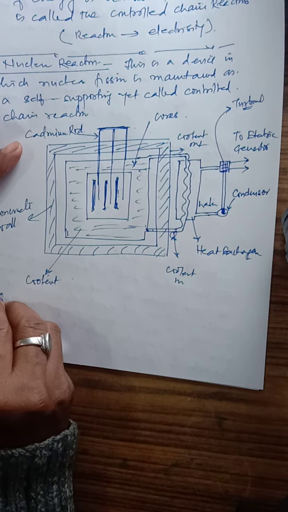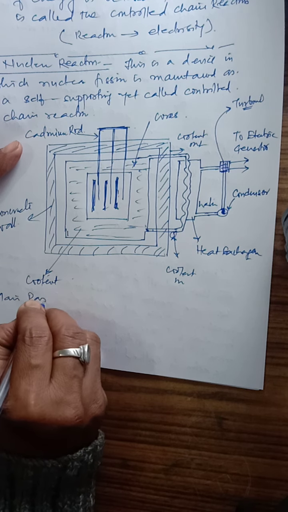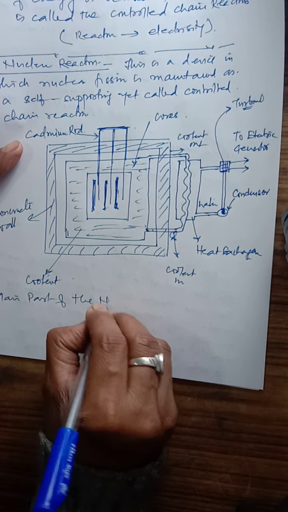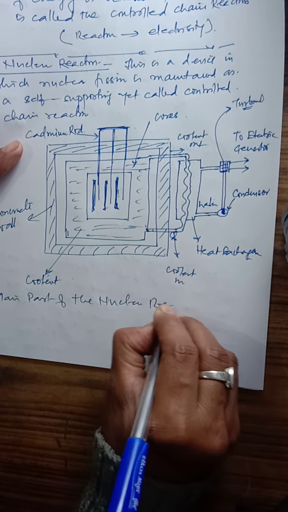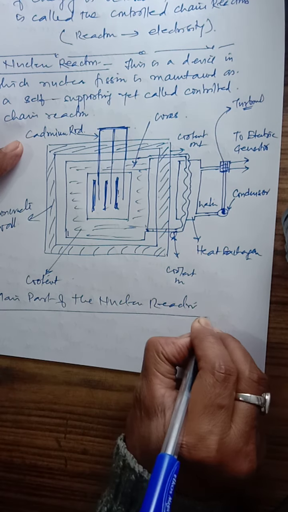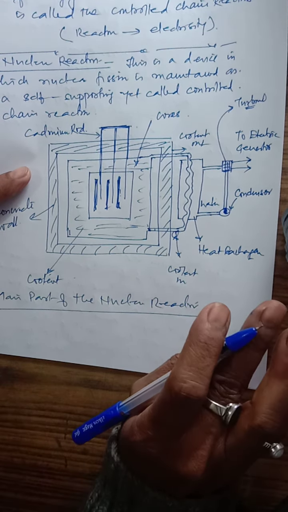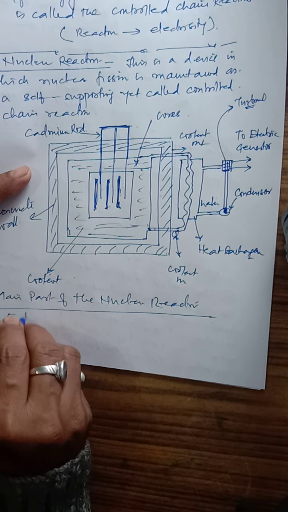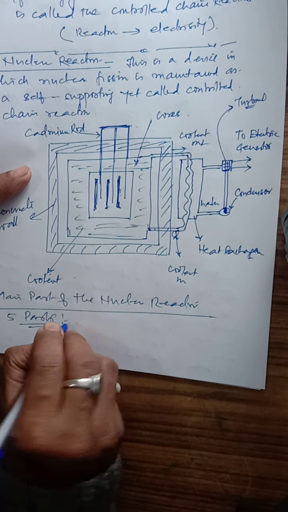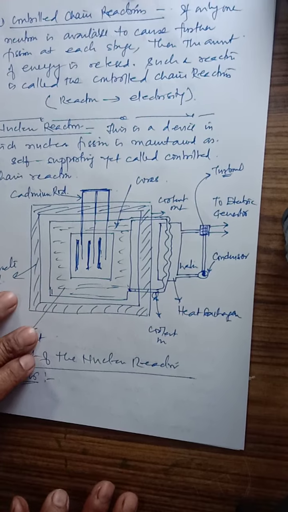So the main parts of the nuclear reactor. Mostly we have 5 parts. What are those parts?